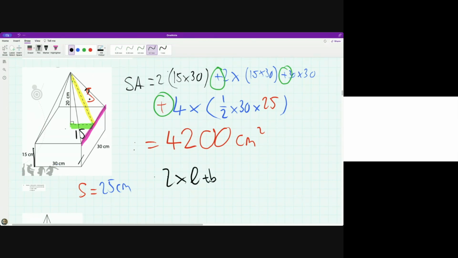So it's 2 times L times B plus 2L plus 2B times height. Oh, there we go.